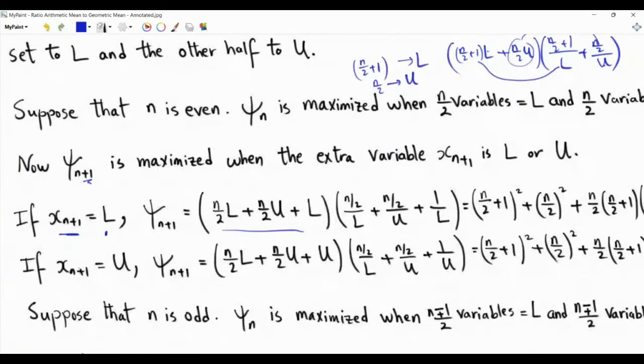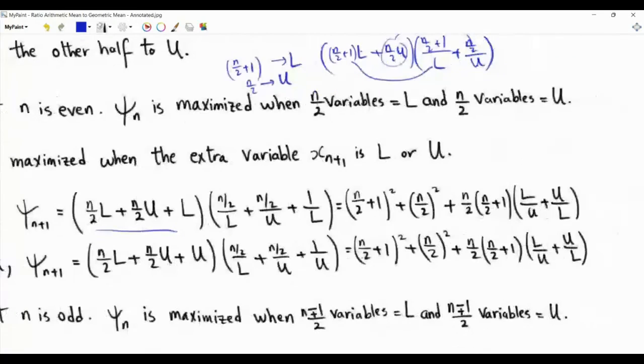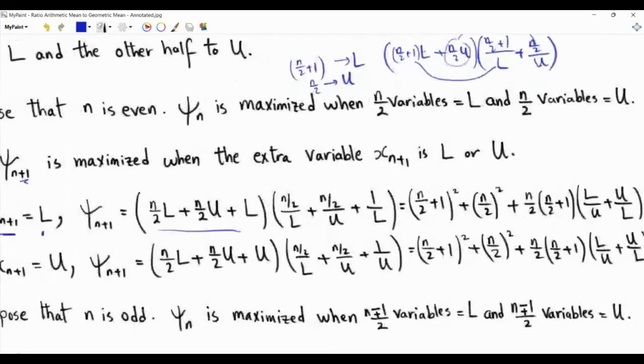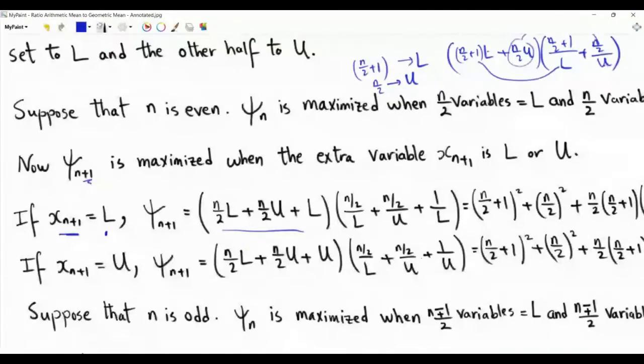Now, if we choose x n plus 1 to be equal to u, we actually get the same objective. Which means that if psi n plus 1, given that n is even, is maximized, we have the choice to make this extra variable x n plus 1 either L or u. In both cases, we will achieve the same objective.